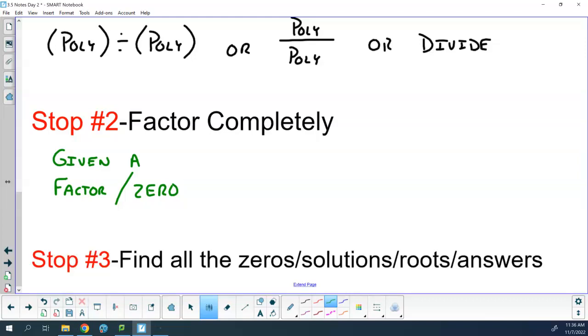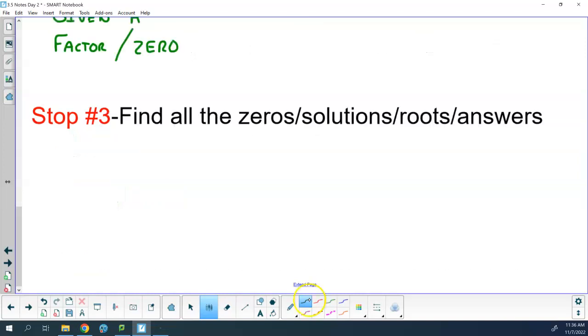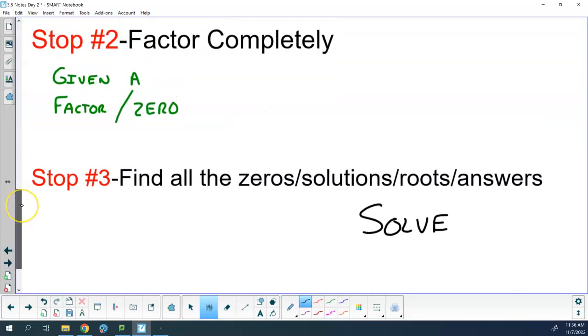Bus stop number 3 says, find me all of the roots, all of the solutions, all of the zeros, or all of the answers. Or it's simply going to just say, solve. Now, the nice part about this bus route is there's no express bus on it. So no matter where you get on this bus, you have to go through bus stop number 1.